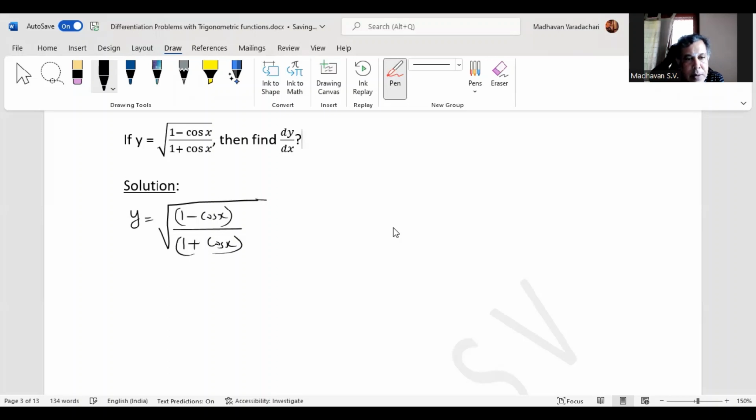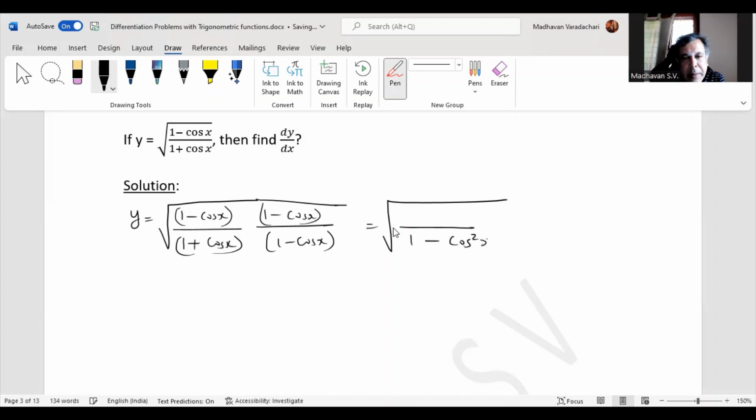What we will do now is extend the square root and multiply numerator and denominator by the denominator's conjugate, which means 1 minus cos x divided by 1 minus cos x. If we do that, the denominator becomes like (a plus b) into (a minus b), which is nothing but a square minus b square. This will be 1 minus cos x the whole square.